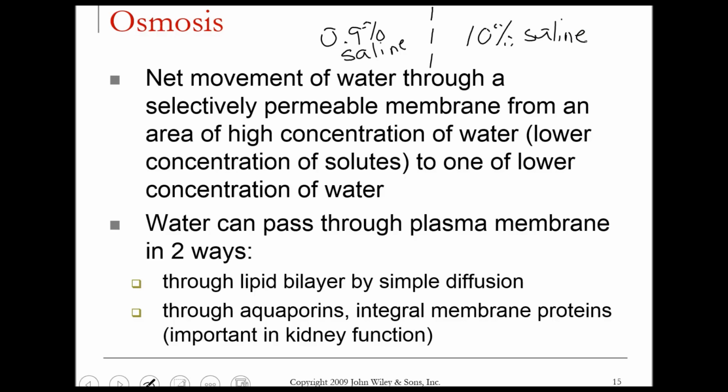But in osmosis, we're concerned with the movement of water through a selectively permeable membrane from an area of higher water concentration to an area of lower water concentration. So, which side of the membrane has a higher water concentration? That's right, the side that is 0.9% saline.